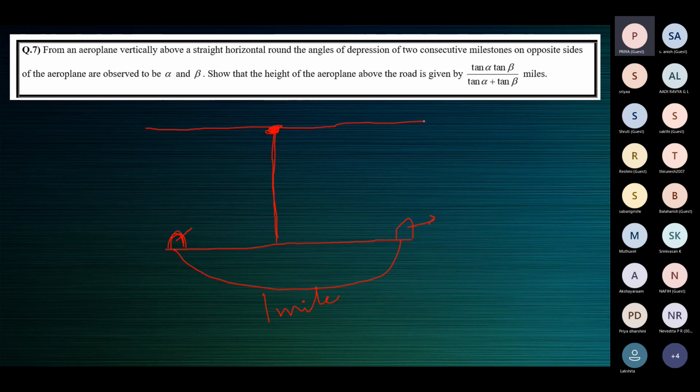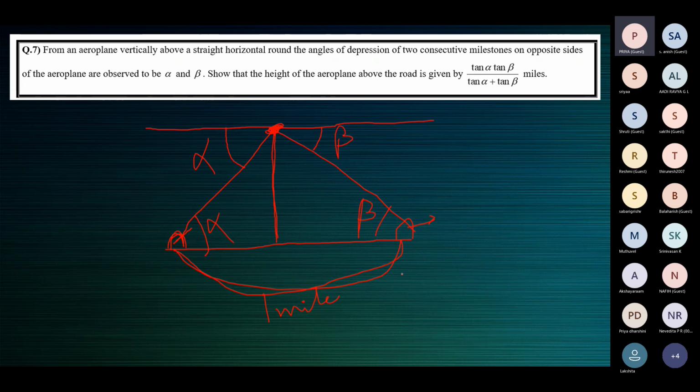So this will be the horizontal line of sight, angle of depression, alpha, beta. This distance is 1 mile.